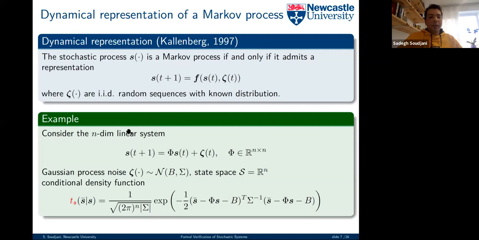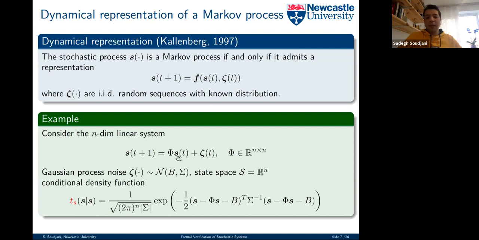To make it a bit more concrete, I give here an example, which is an n-dimensional linear dynamical system. The next state is just a matrix times the current state plus a vector for the noise. If we assume that the noise is Gaussian, with some mean vector b and some covariance matrix sigma, we can easily construct the density function of the system, and the density function becomes Gaussian because it is conditioned on the current state.